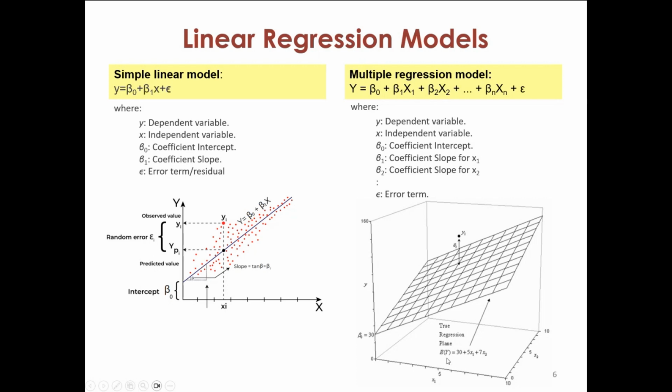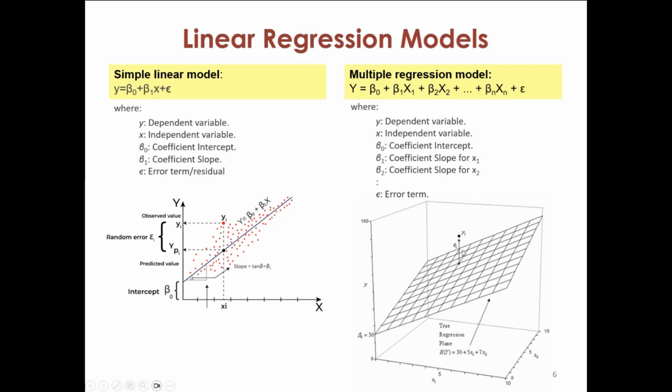In this example, for the multiple linear regression formula, 30 is the intercept, B naught. Then we have x1 along the x-axis, and the weight is 5, and then we have x2 with a weight of 7.